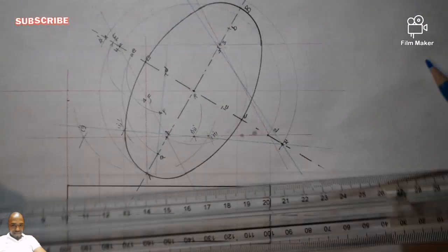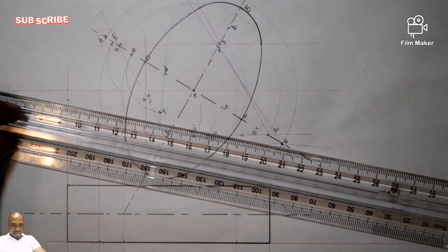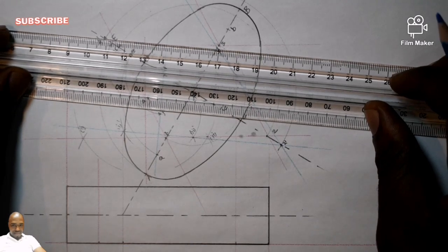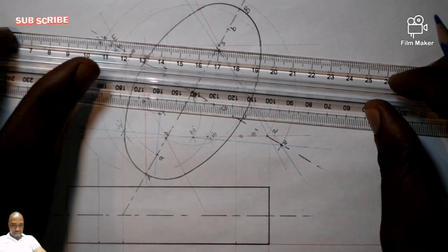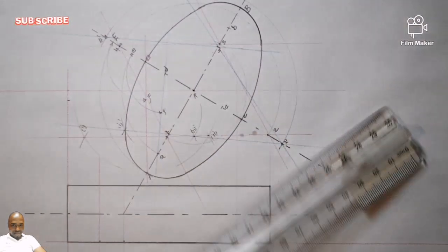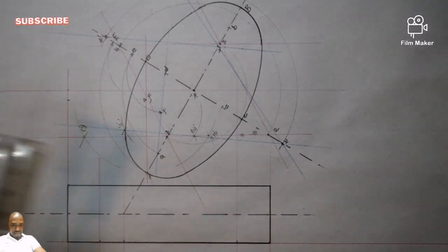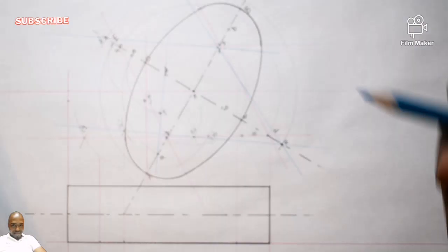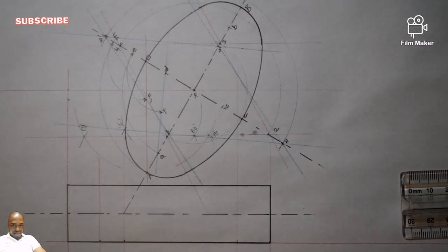You understand? So I join the derivative of point 3 with the derivative of point 4. Be careful. You have to be careful. So there it goes. You understand? Then after that, the first derivative of point 4, joining it with, then you are done with the constructional line.